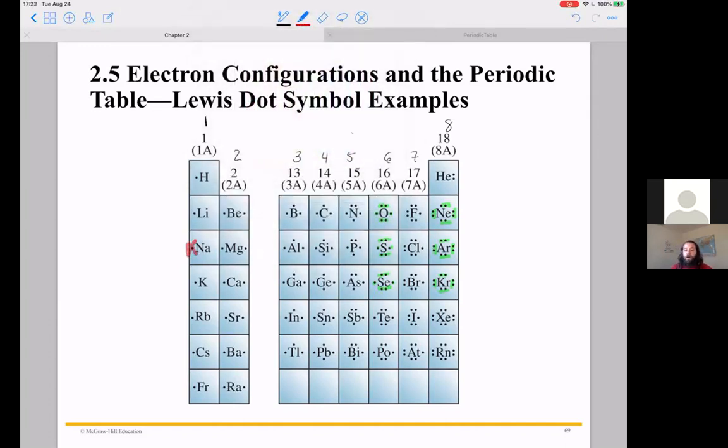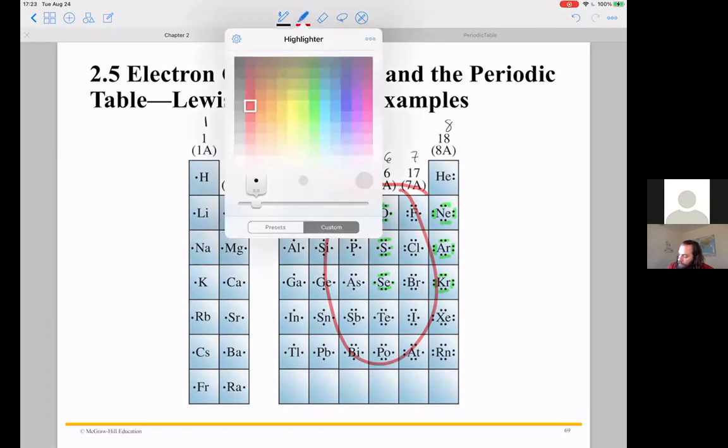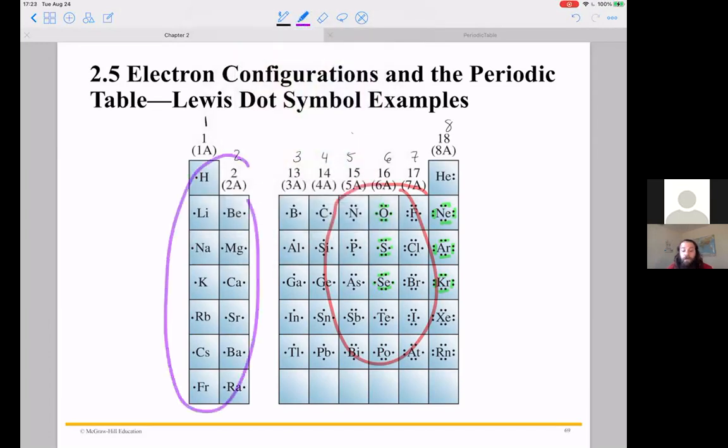And then it would have a full valence shell, just 1 layer down. So this half of the periodic table likes to accept electrons in order to get to the noble gas configuration, whereas this half will give up electrons in order to get to a noble gas configuration.